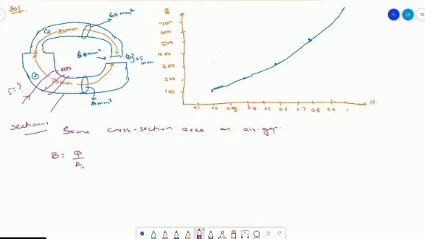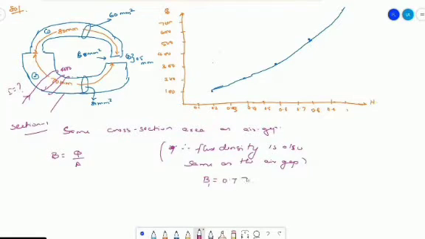So when the cross section area is uniform, obviously the flux density will also be uniform. So therefore the flux density is also the same as the air gap. So in this case, I can write B1, so that it will be clear to you, B corresponding to section 1. So B1 will also be 0.7 Tesla.